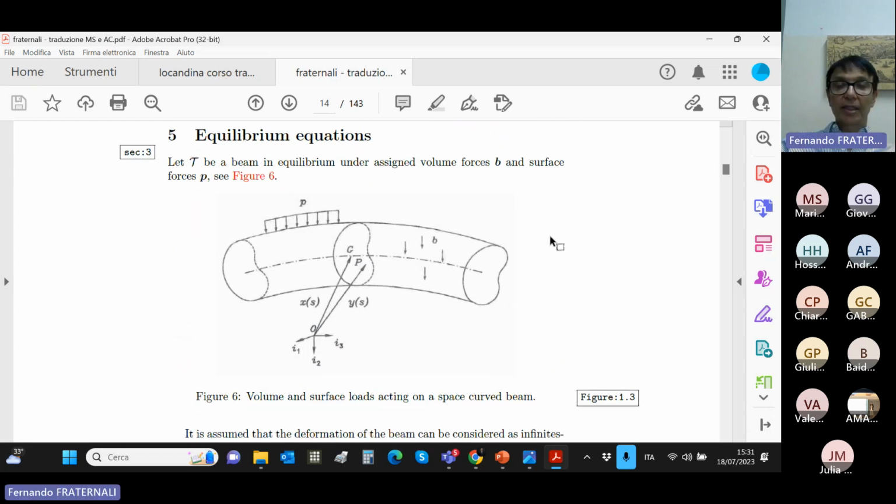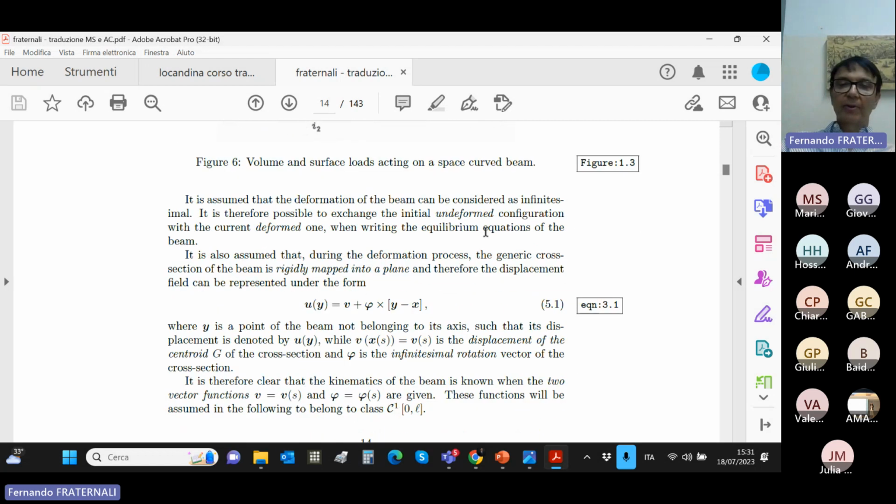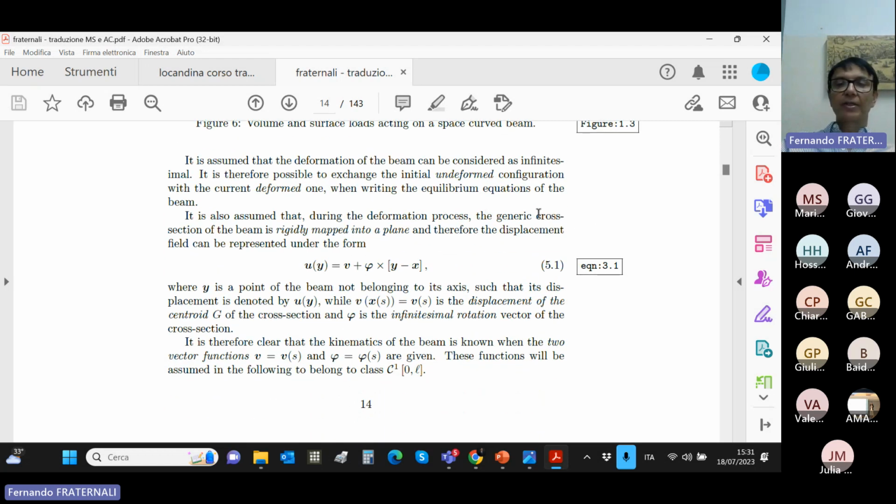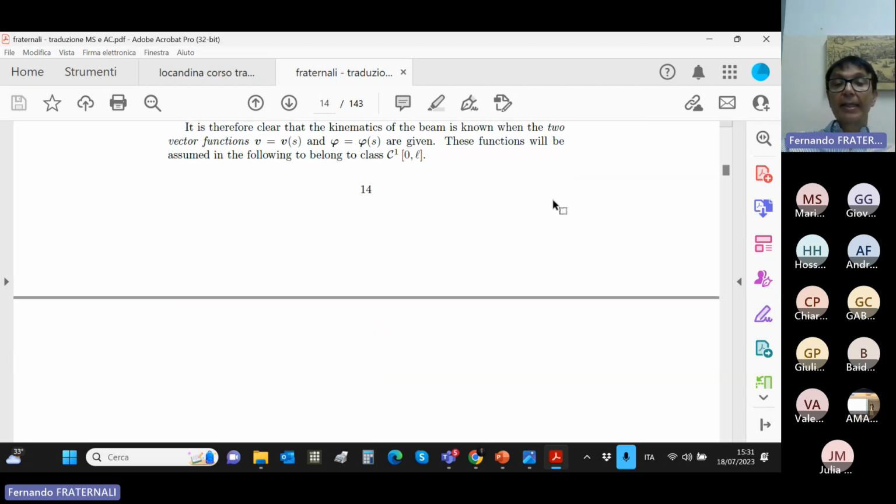Then Antonio yesterday, and here I will really be fast, defined the equilibrium equations of the beam by using the principle of virtual work and the expression of the displacement we have presented earlier.